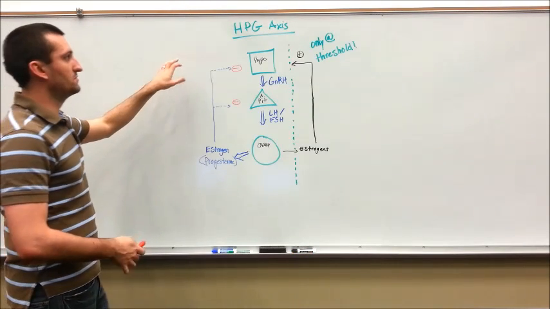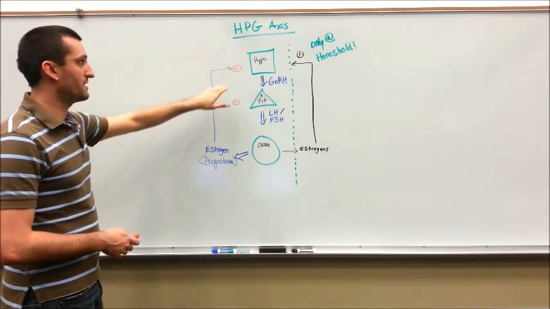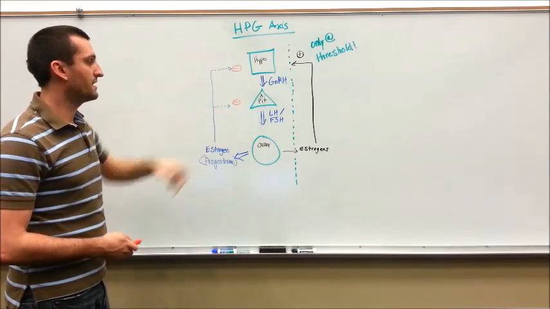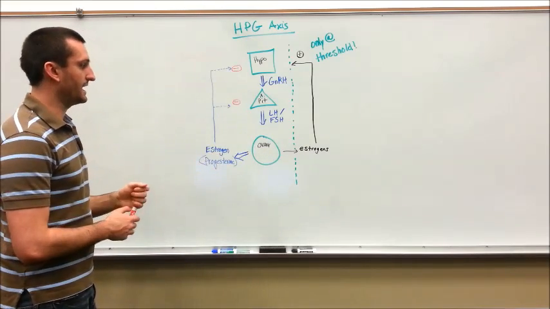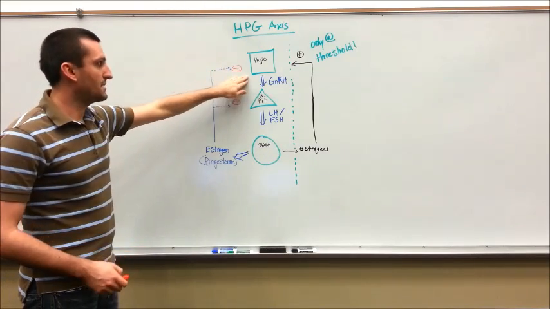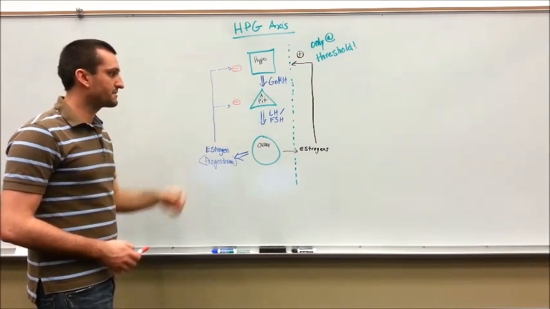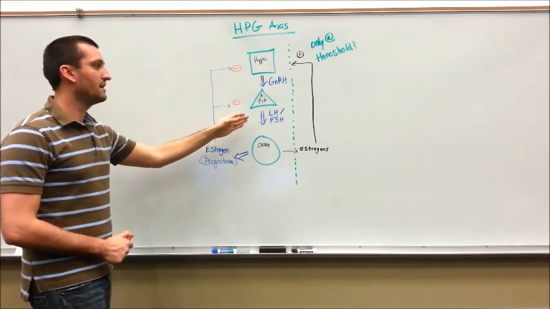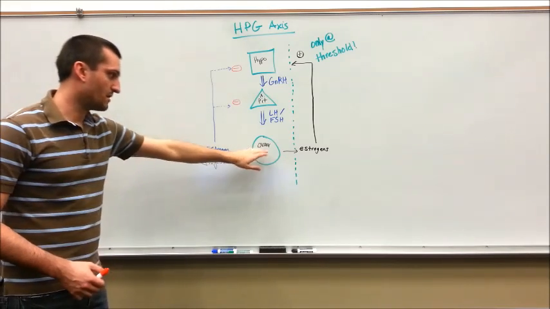To understand the hormones, we're going to go over the HPG axis, which is just the hypothalamus, the pituitary, and then the gonad, in this case the ovary, axis. The hypothalamus is going to secrete gonadotropin-releasing hormone, which goes to the anterior pituitary, which will secrete luteinizing hormone and follicle-stimulating hormone, which will act upon the ovary.